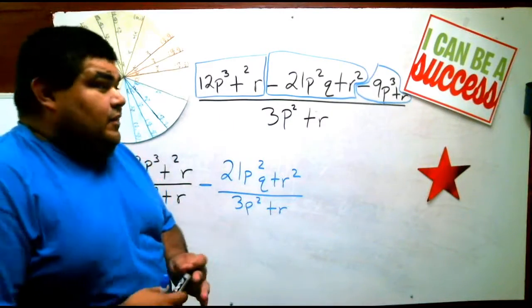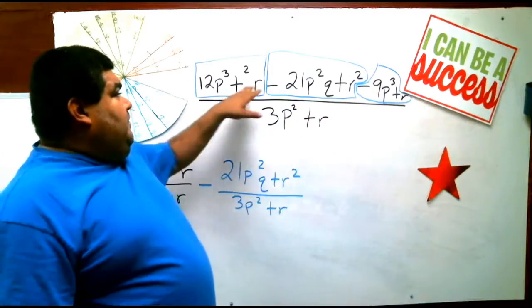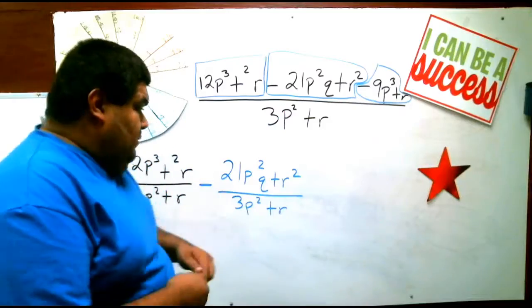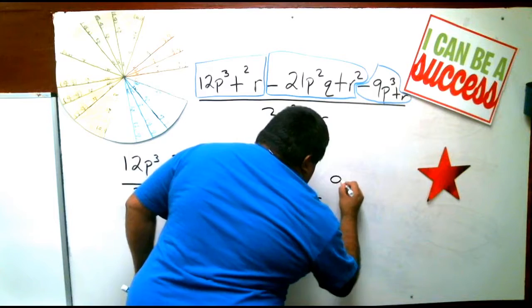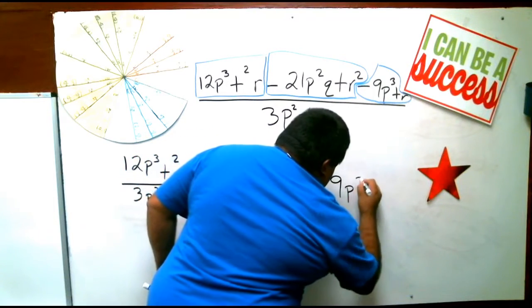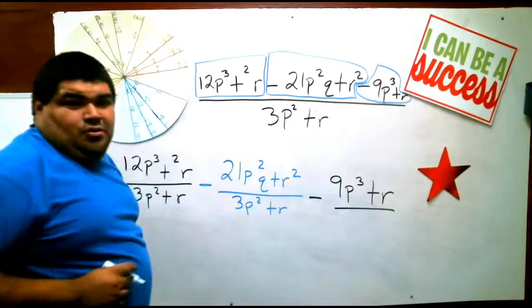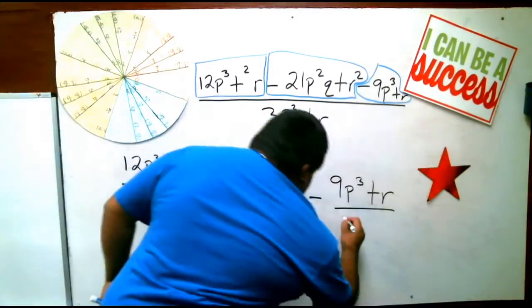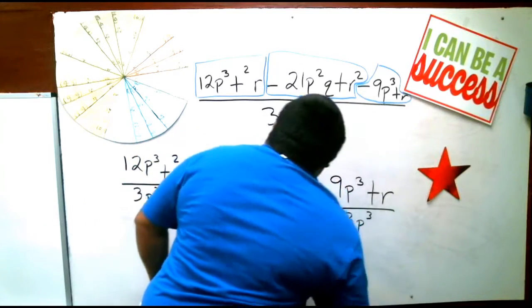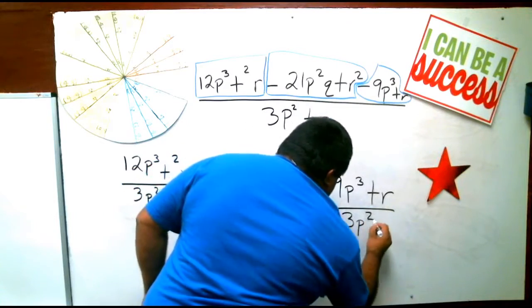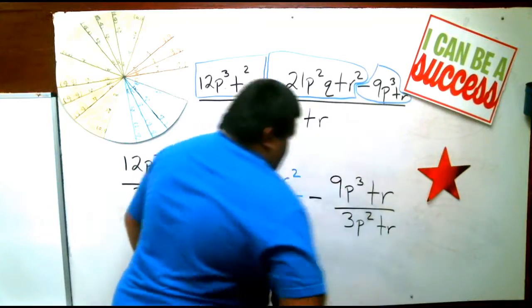And then finally, we're going to do the third part with the same number on the bottom because the number 1 is being divided to all 3. So we have another minus 9p to the third t r over 3p to the third, or in this case second. I got a little bit excited. I added another one. So the second, t r. Okay.